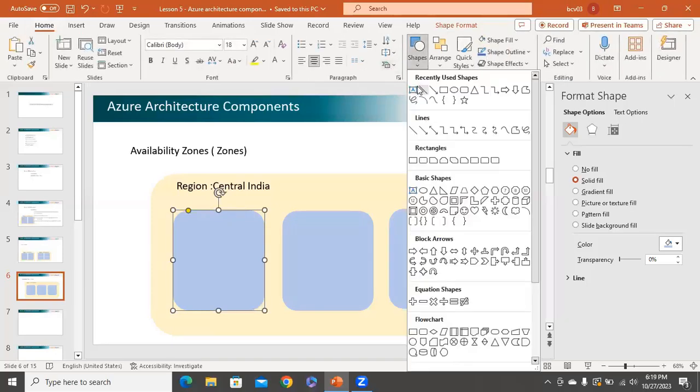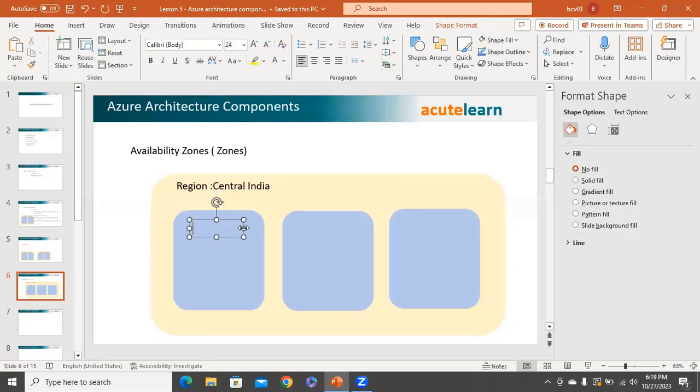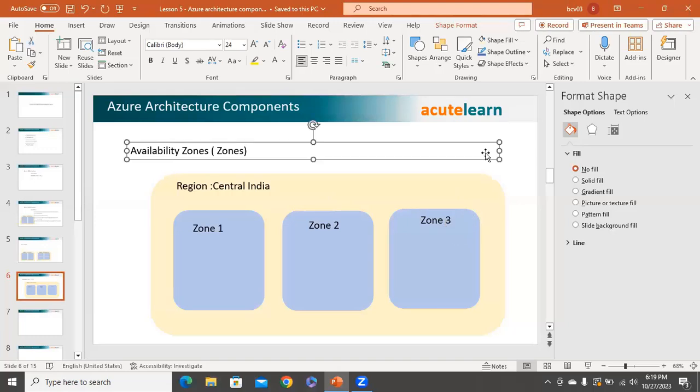We call it zone 1, zone 2, and zone 3. Like this, in many geographical regions, Microsoft has physically separated the data centers to isolate the failure.